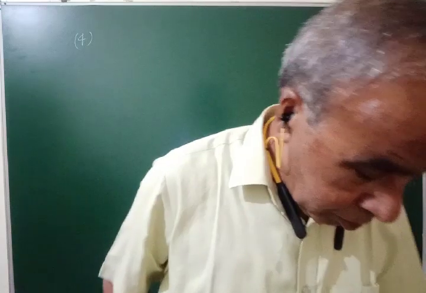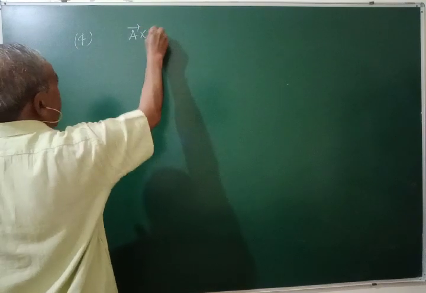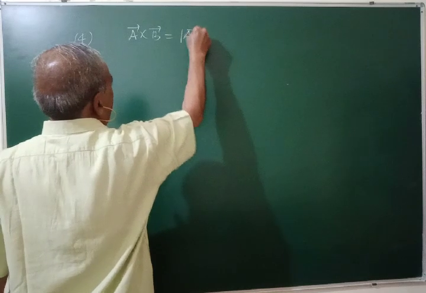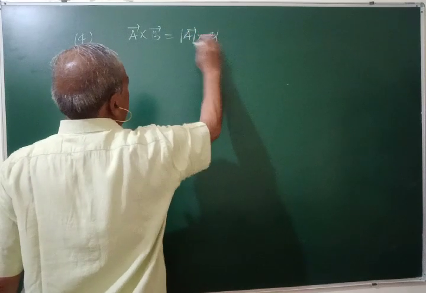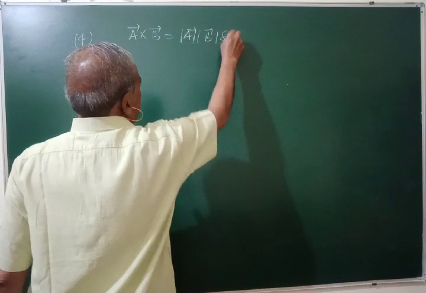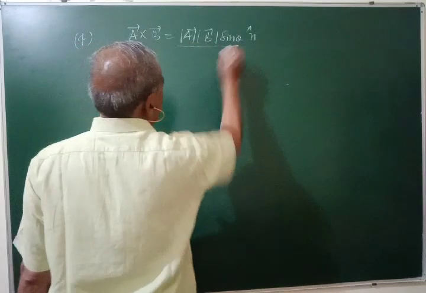Now one thing more, number 4. By definition, actually, A cross B is equal to modulus A modulus B sin theta n cap. Now what is this?